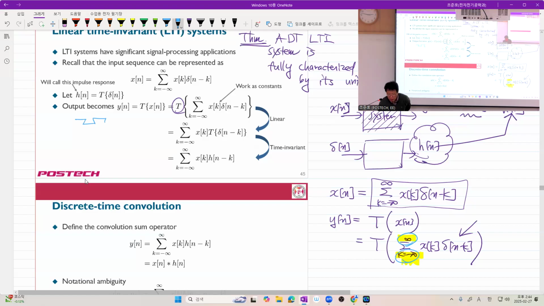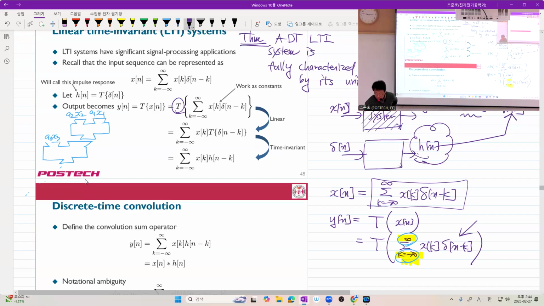Suppose you have a linear system and you copy it. In this way, you know that as far as the same identical system is linear, then it applies to any finite weighted sum, right?